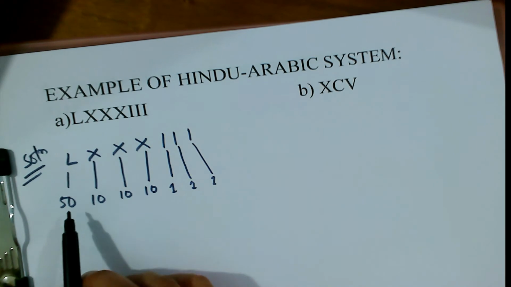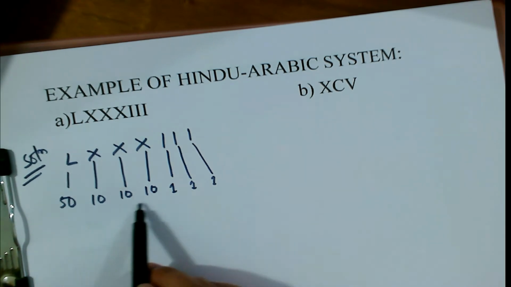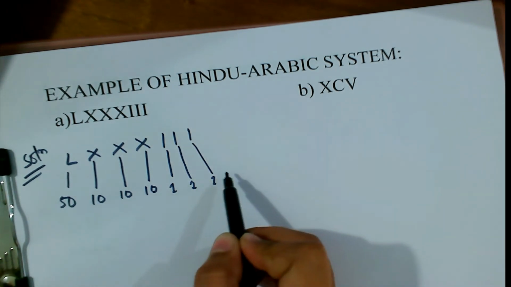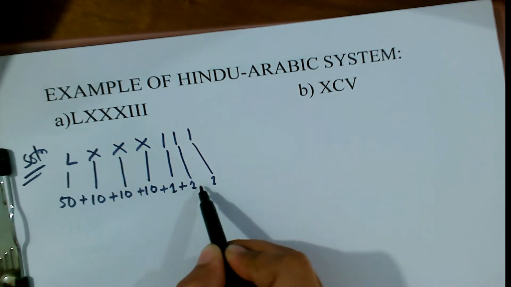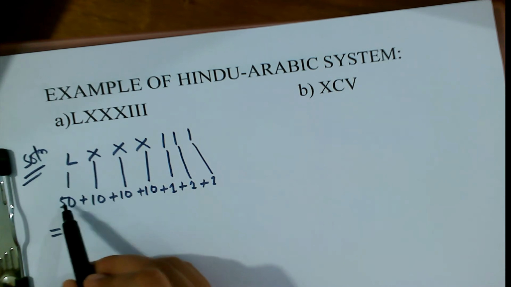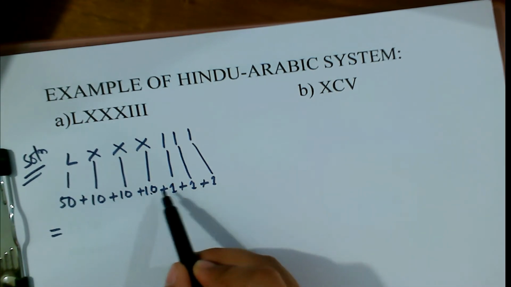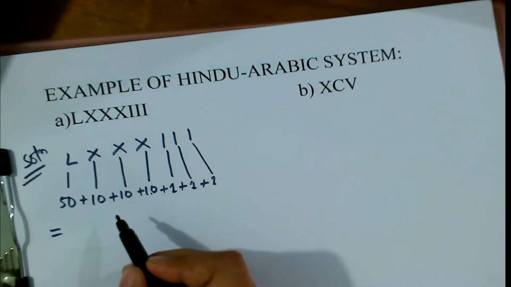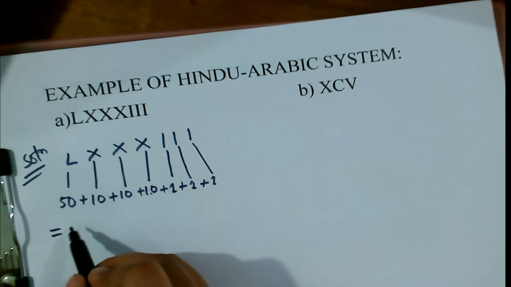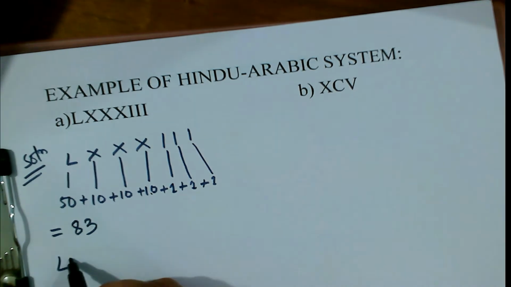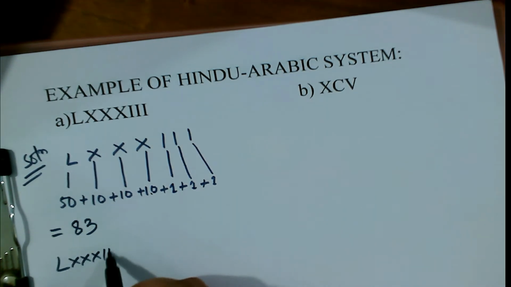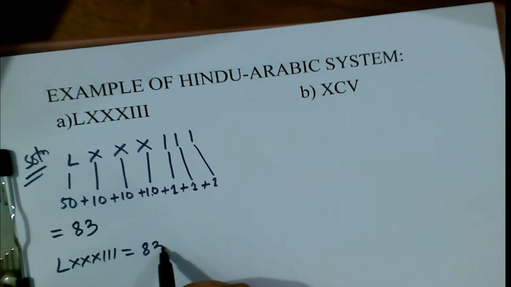This one goes from big to small, so this will be addition. Plus, plus, plus, plus, plus. 50, 60, 70, 80, 81, 82, 83. This gives us 83. So LXXXI is 83.